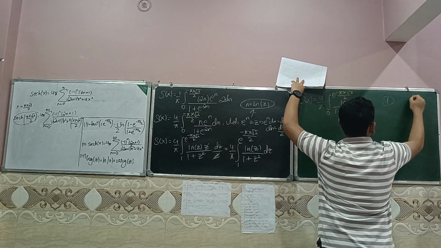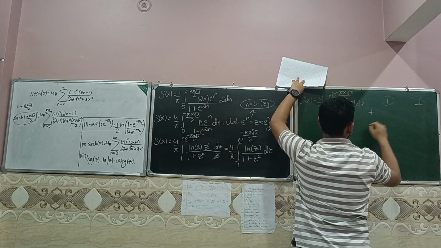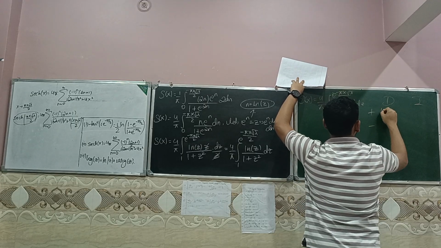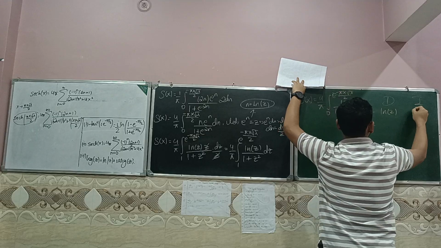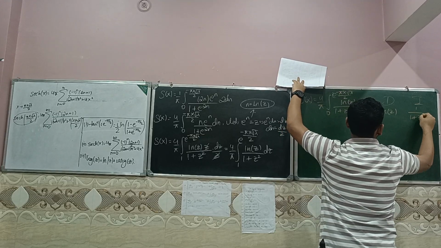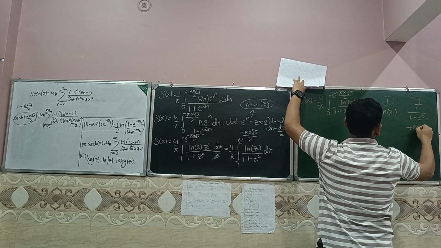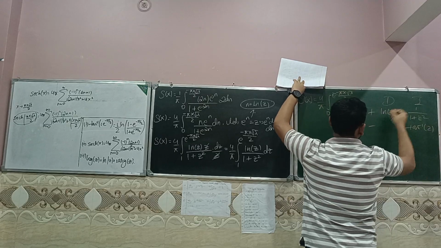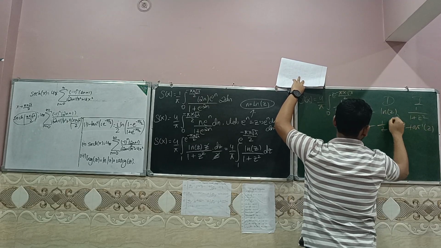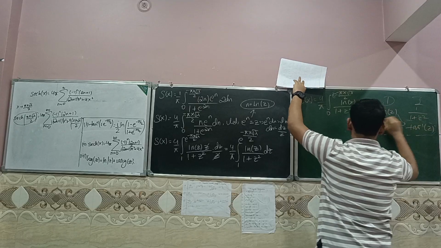Using the DI method, plus minus, we take the derivative of ln of z, and the integral of 1 over 1 plus z squared. So this is the arc tangent of z, and this is 1 over z. This times that, inside an integral.